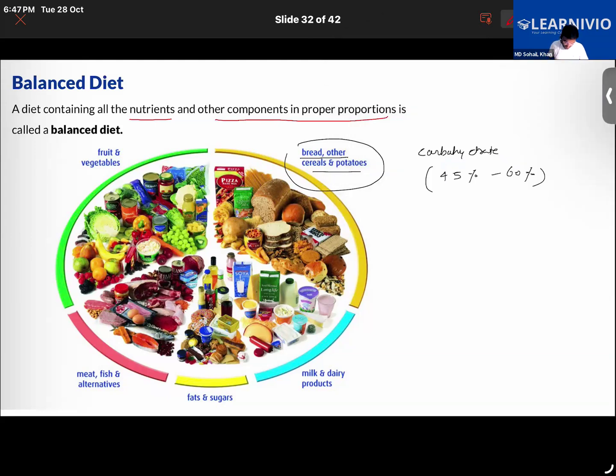So protein should be between 10 to 35%. And where do we get protein from? We get protein by consuming eggs, meat, daals, etc.